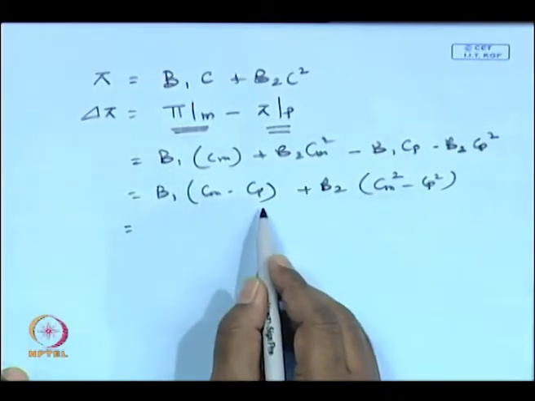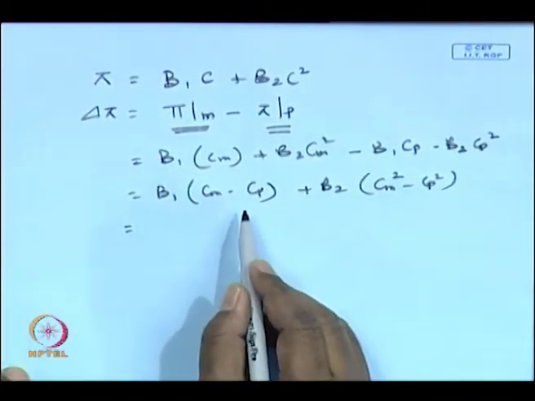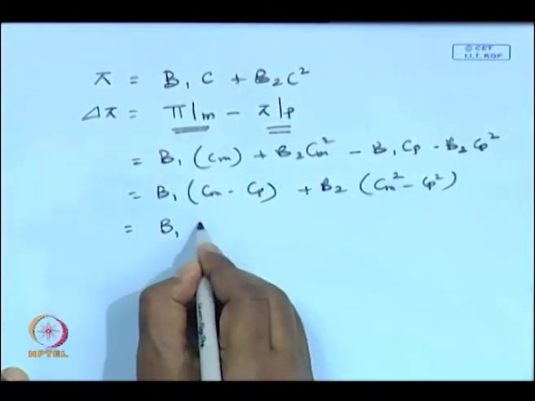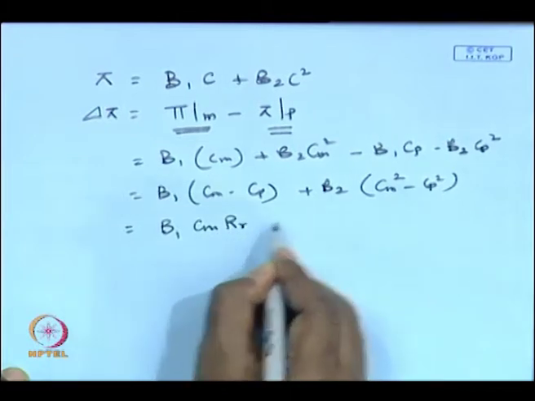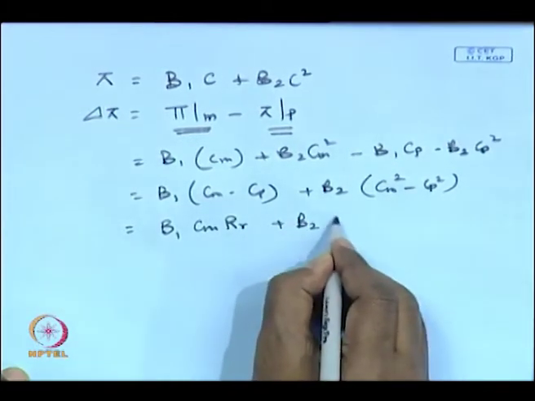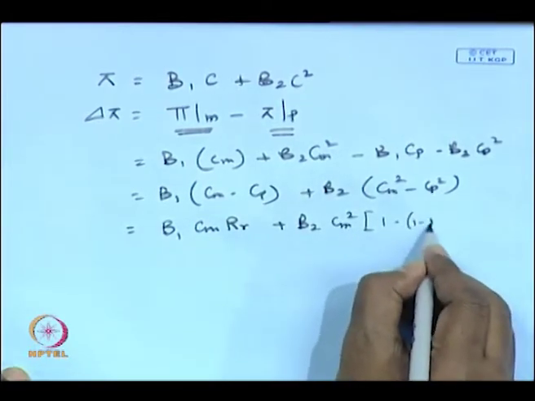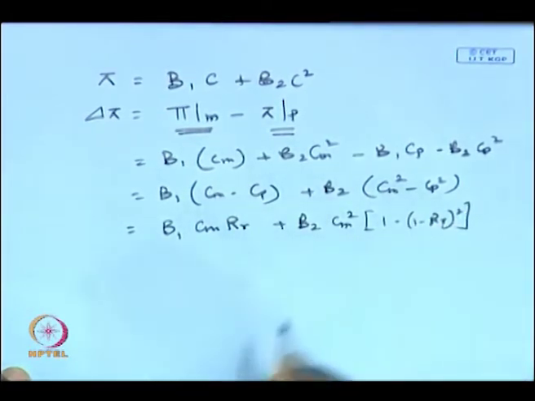Now, again we will replace Cp in terms of Cm through the definition of real retention. If you do that, this becomes B1 Cm Rr plus B2 Cm square 1 minus Rr square. So, what you get?